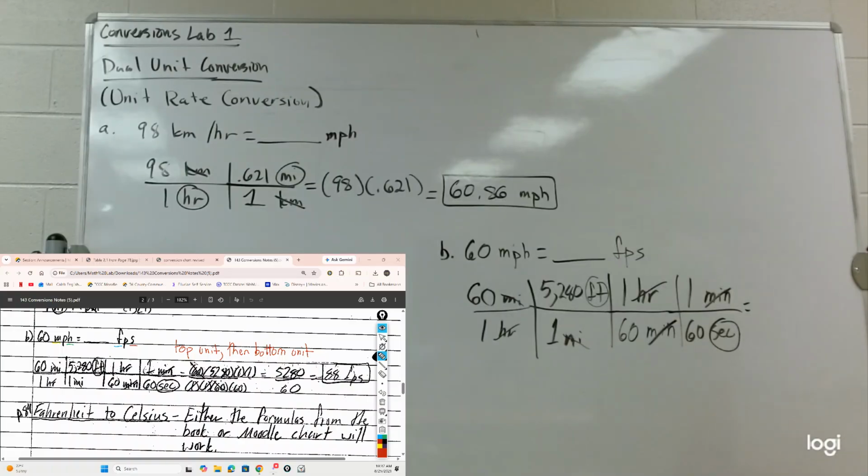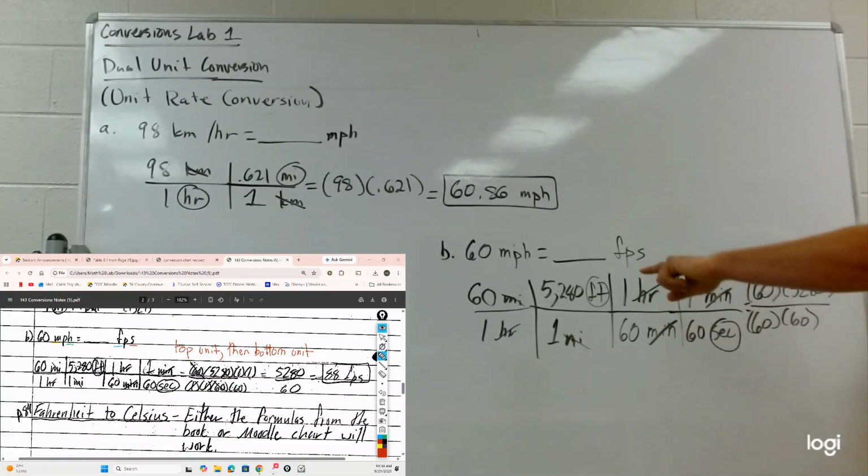Whenever I bring this stuff over, I'm not going to bring any of the ones. They're just placeholders. You can bring them if you want to. I'm not going to. So we've got 60 times 5,280 over 60 times 60. Now, if you remember anything about reducing fractions or factoring fractions or any of that stuff, you know that basically you're looking for things in the top and bottom that are the same.